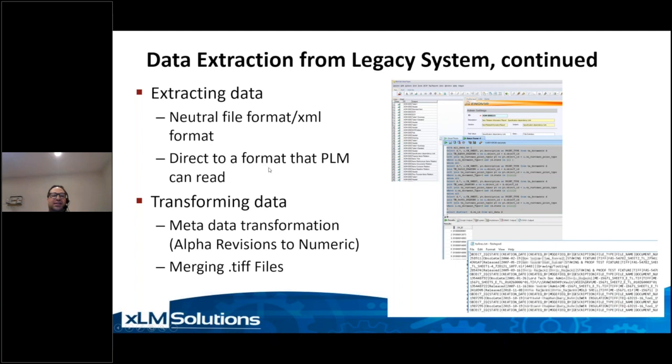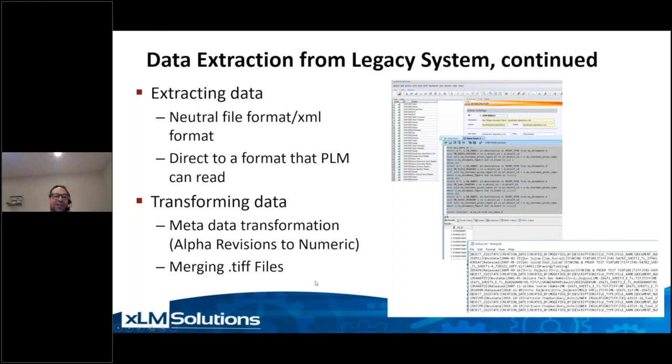Sometimes these destination PLM systems already have tools for importing the data, and the data needs to be in a certain format for the destination system tools to import it in. So we'll extract it directly to the format that the PLM system can read and import it in, kind of removing an intermediate step if necessary.